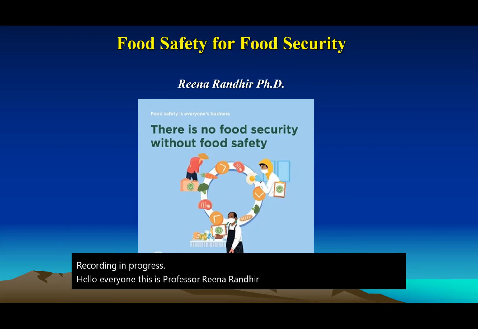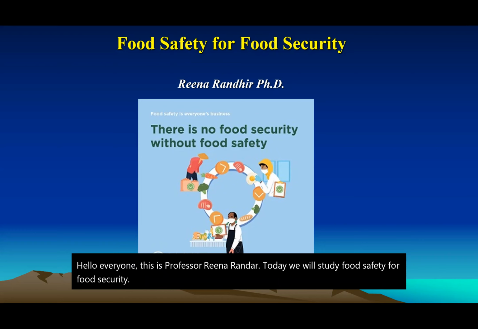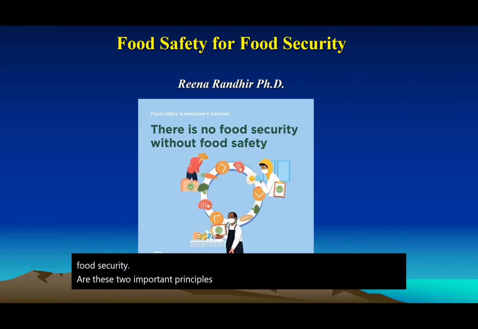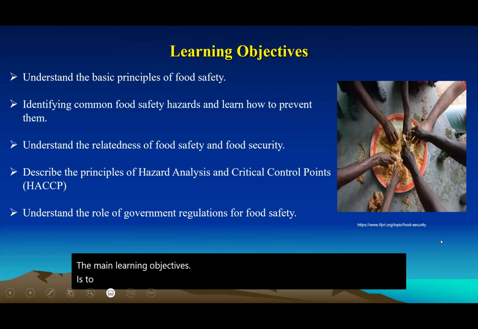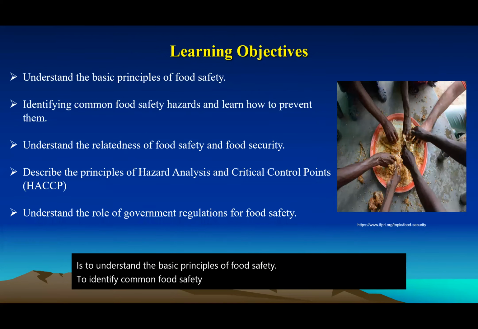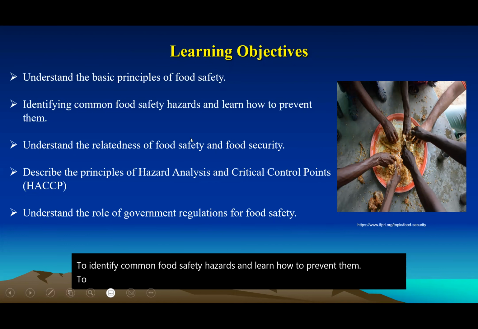Today, we will study food safety for food security. These two important principles go hand in hand. The main learning objectives are to understand the basic principles of food safety, to identify common food safety hazards and learn how to prevent them, and to understand the relatedness of food safety and food security.